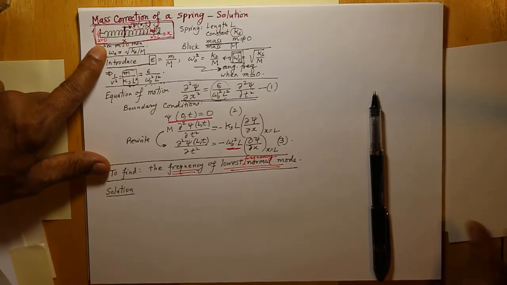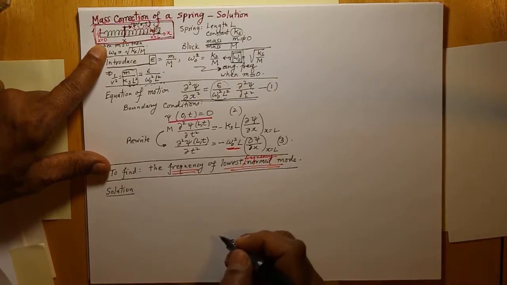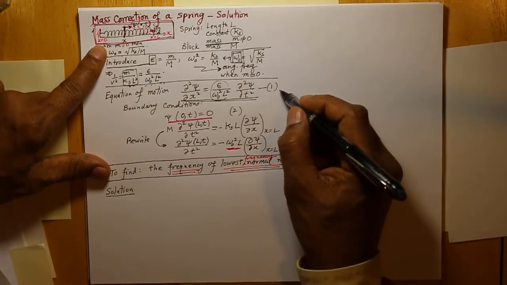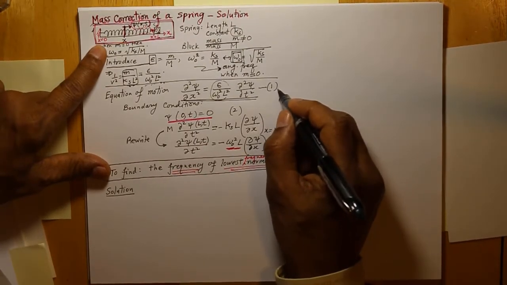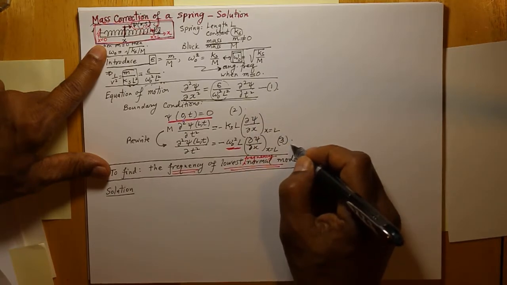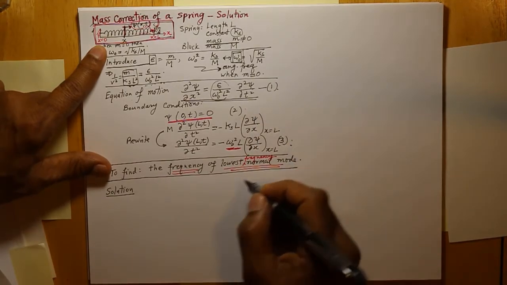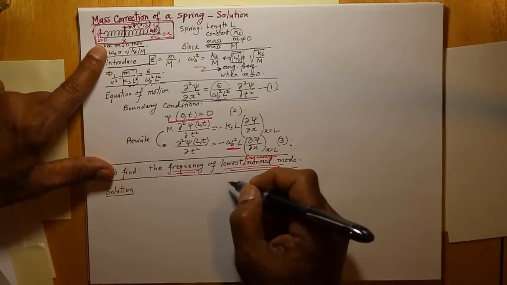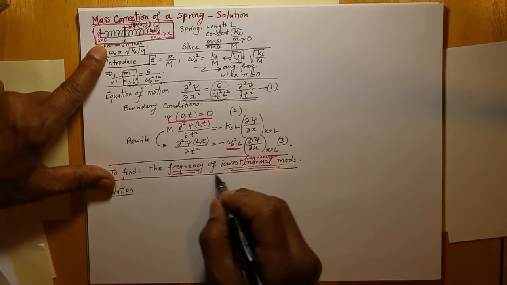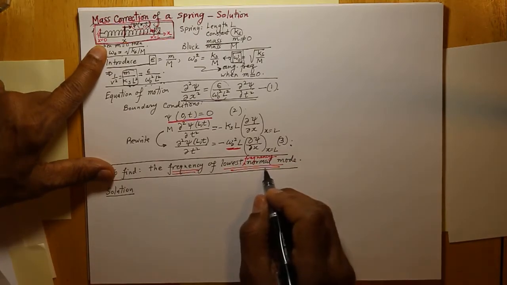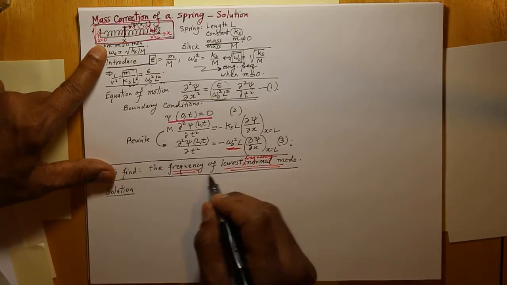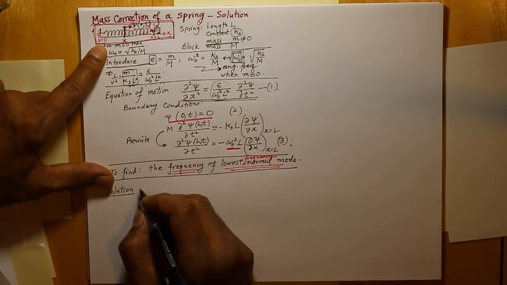So how do I solve this? We will start with a solution of equation 1 subject to these two conditions. And since we are not interested in the general solution, we are only interested in frequency values, like eigenvalues.